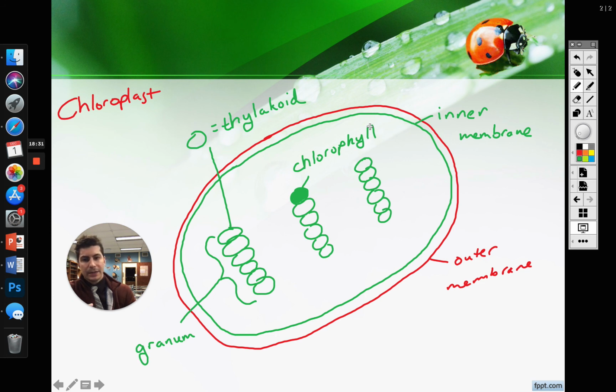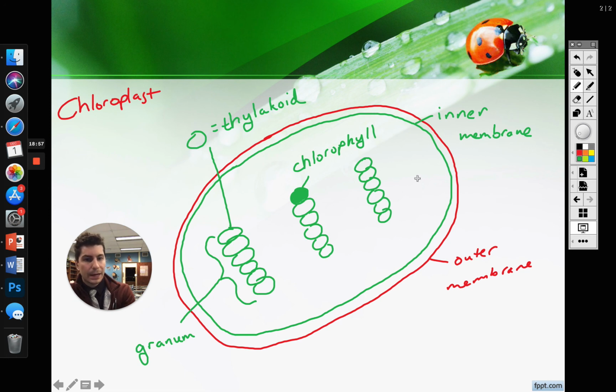The nice thing about the thylakoids, guys, is made out of the exact same stuff that the cell membrane was made out of. If you remember, the lipid was phospholipids. Our thylakoid is also a lipid bilayer of phospholipids. So the thylakoid membrane acts just like the cell membrane, with some things it's going to let in, some things it's going to let out, but not everything.